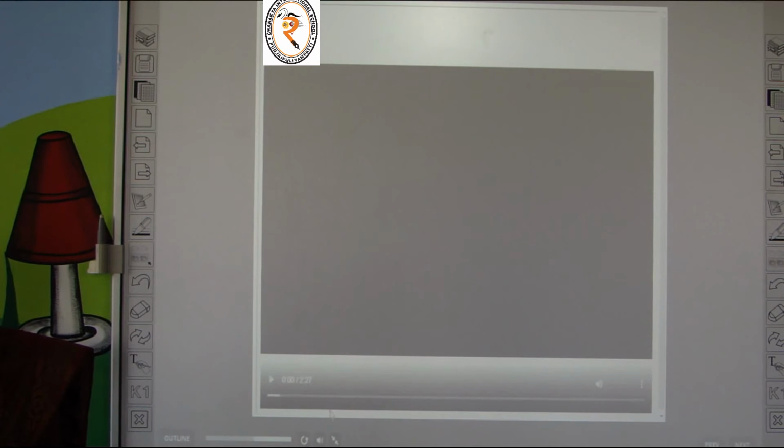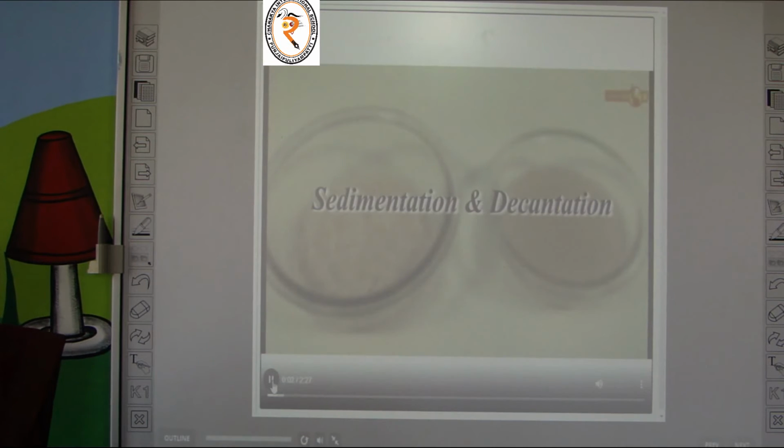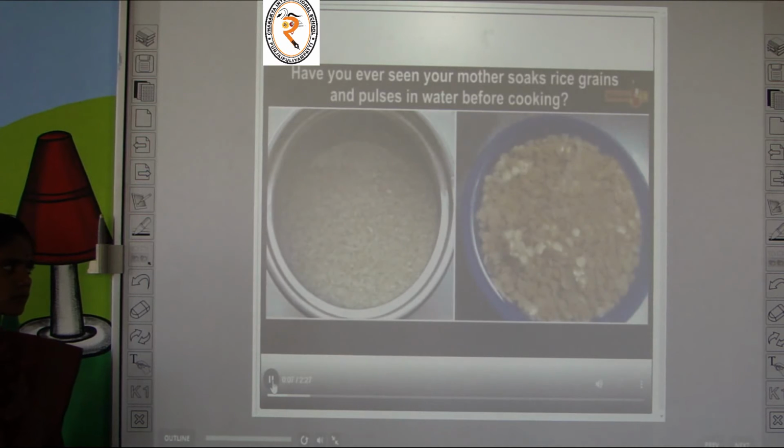Let us see a video about this process. Have you ever seen your mother soak rice grains and pulses in water before cooking?